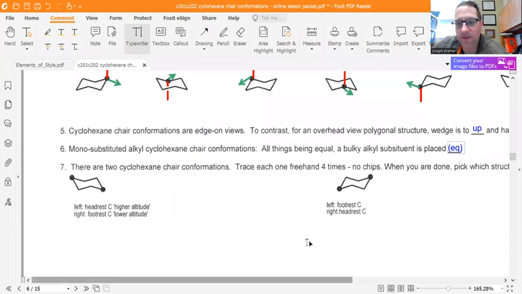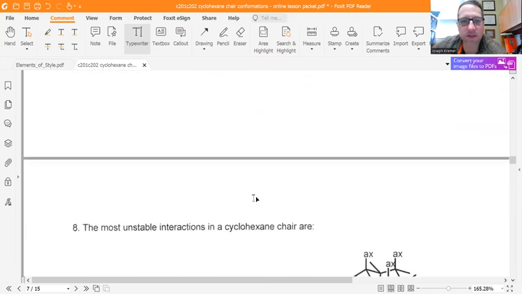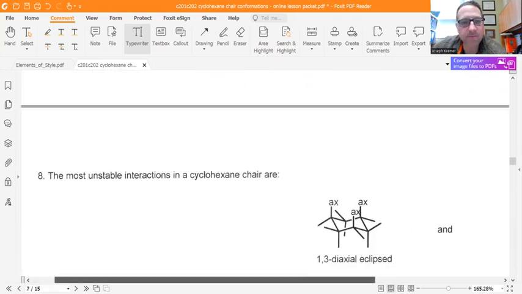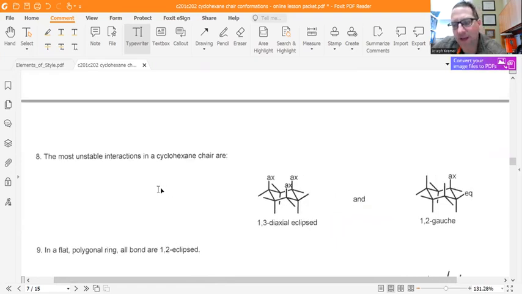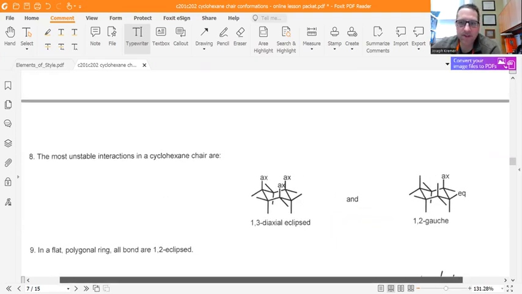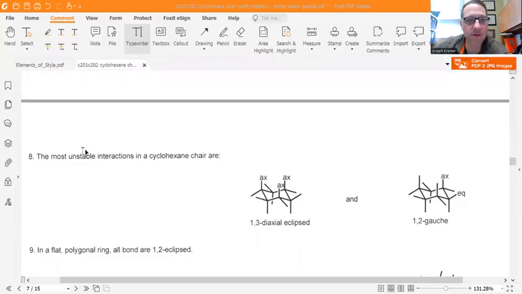Okay, this one asks you to trace some cyclohexane chair conformations. You did that earlier. Let's skip ahead. For the record, the most unstable is bad, and this isn't bad, okay? If you want to nitpick, this is what you would address the chair conformation as being short of.